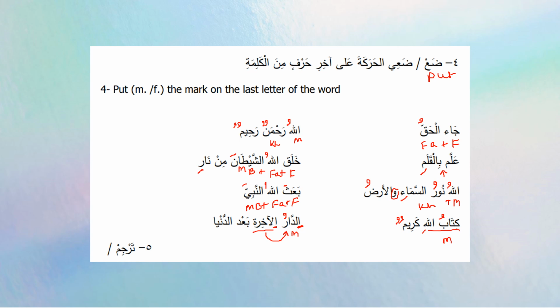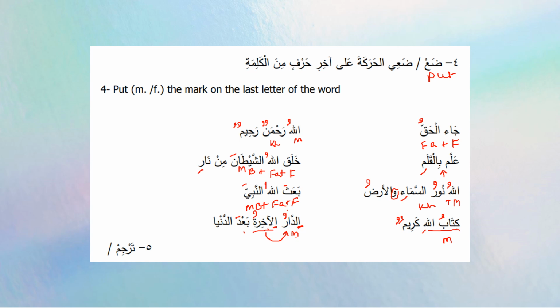Because dar is one of the particular nouns which is considered to be feminine by the Arabs. So daru is the mubtada having a dhamma. Al-akhiratu is the sifa for dar, so it will also have a dhamma. Ba'da, this is zarf. So whatever noun that comes after zarf will have a kasra.